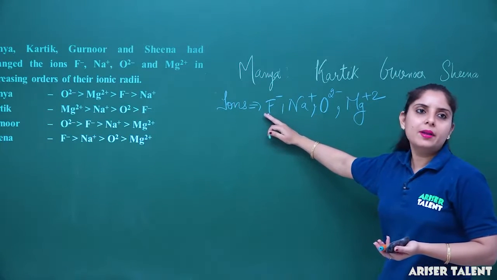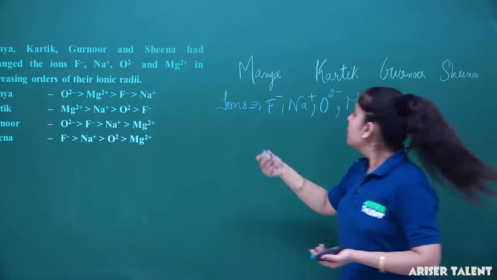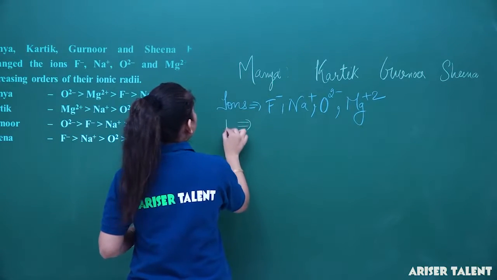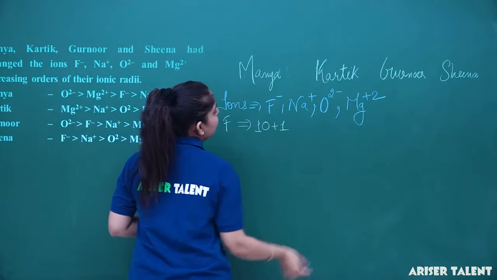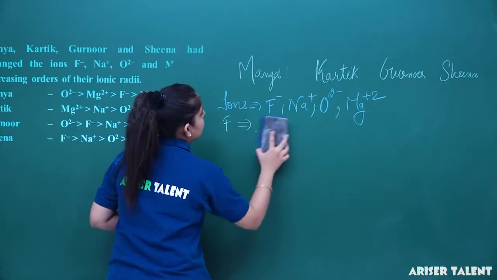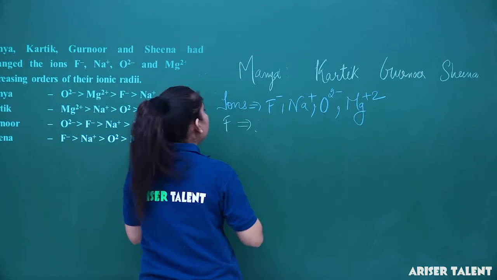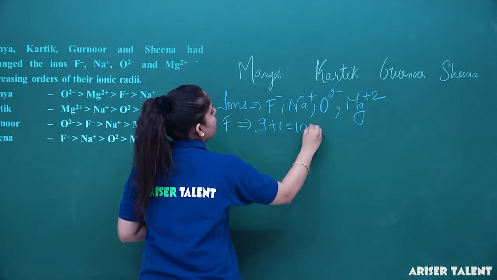Fluorine has atomic number 9 and the negative sign indicates that it has 1 more electron. Neon has 10. So, for fluorine, it came out to be 9 plus 1, 10 electrons.